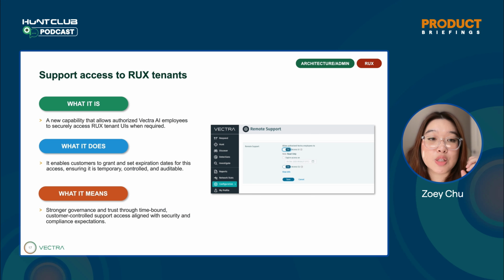It enables customers to grant this access and set expiration dates so that it's temporary, controlled, and auditable. We don't want to linger in your system at all, but we do also want to give you all the support we can, and that sometimes requires being in your system. But with this enhancement, the control is in your hands.